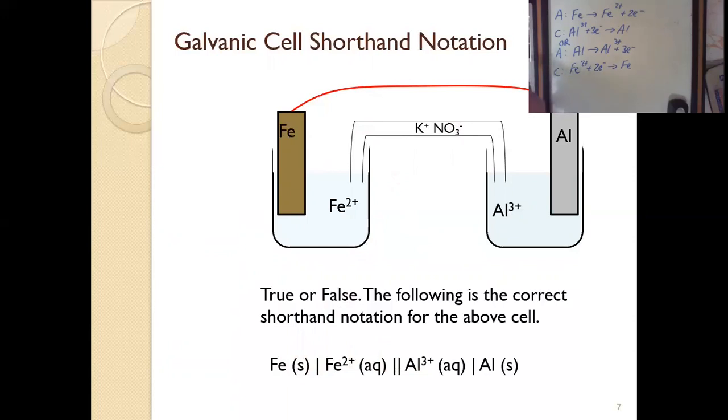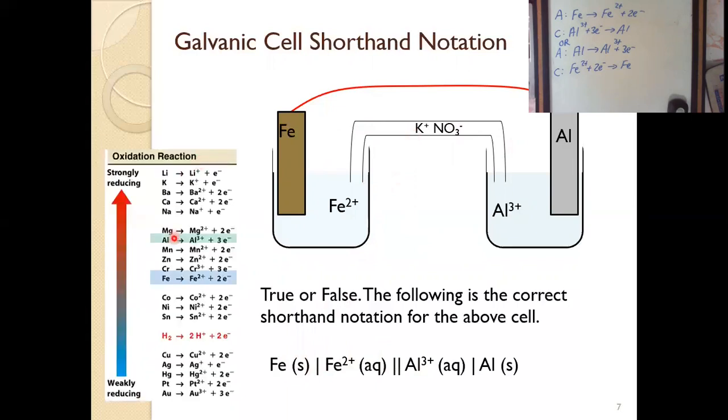So is the shorthand notation correct? Or should the reverse be true, where aluminum is being oxidized at the anode and iron is being reduced at the cathode? We'll decide which combination of half reactions is spontaneous when we consult our activity series of elements.